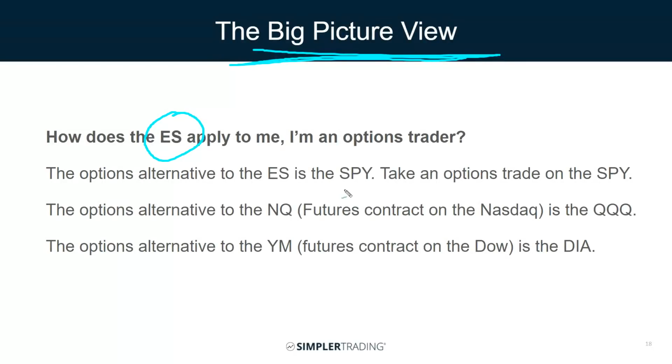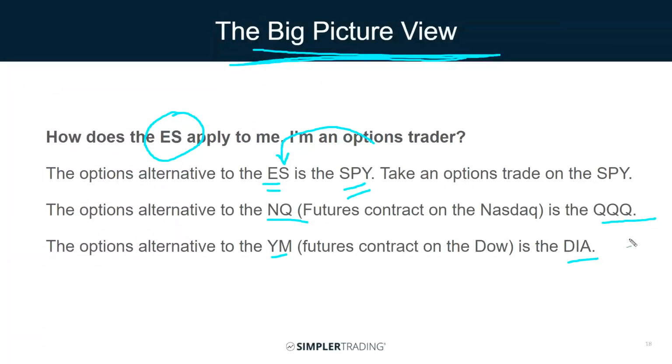And then I have the SPY that gives me the alternative to the S&P. But the S&P analysis and the SPY analysis are the same tools, etc., right? The NQ, QQQ, YM, DIA. The analysis is the same. Get your trade set up together, again, using those signals we just talked about: price, volume, volatility.